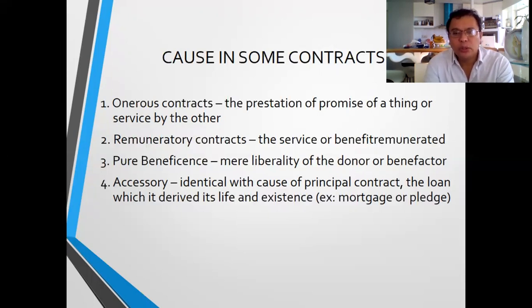So you would hand in your title of a property or of a land. That security is now a mortgage. So there are now two contracts, a contract of loan and a contract of mortgage. In this case, you entered into a contract of mortgage because you want to get the money. So the accessory contract's cause is the same as the principal contract's cause.